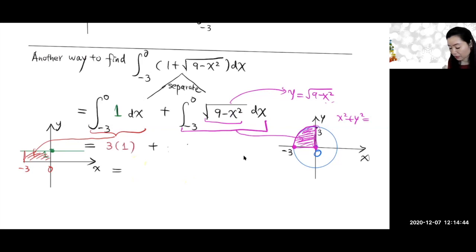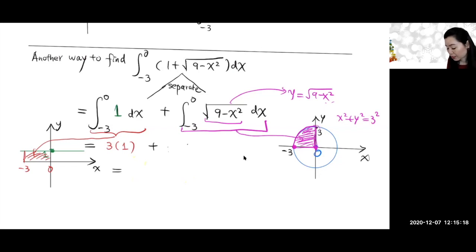What about this integral? This integral here corresponds to, remember, y equals square root of 9 minus x squared. It's a circle with center, well, if you simplify this, we have x squared plus y squared equal to 3 squared, right? Square both sides and put the x squared and y squared together. You get x squared plus y squared equal to 3 squared. And that will be a circle centered at the origin with radius 3, okay?